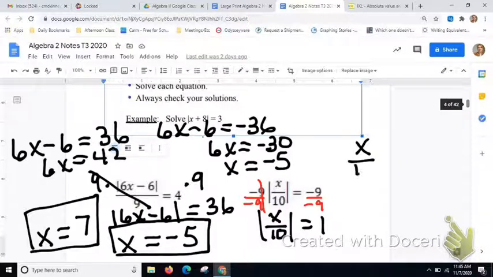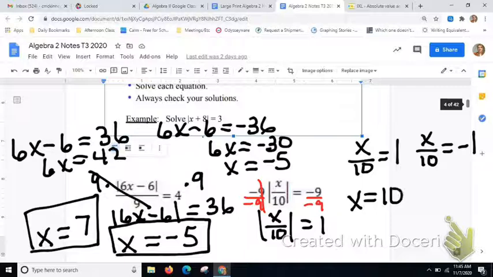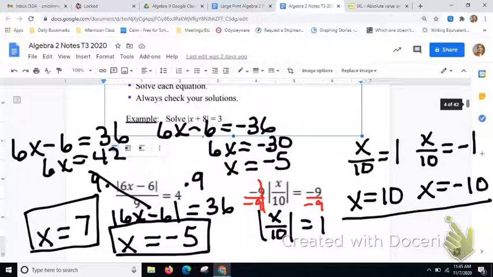And then when I get rid of the bars, that means there's one possibility, and there's my other possibility. Multiply by 10. And in this case, because it was all multiplying and dividing, no addition and subtraction, my answers do turn out to be opposites of each other. That will only happen if it's only multiplying and dividing. If there's any addition or subtraction anywhere in the problem, that doesn't happen.